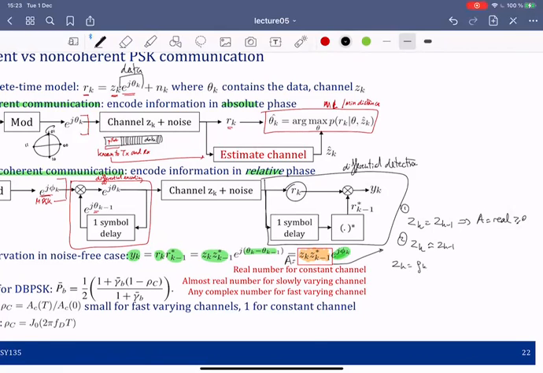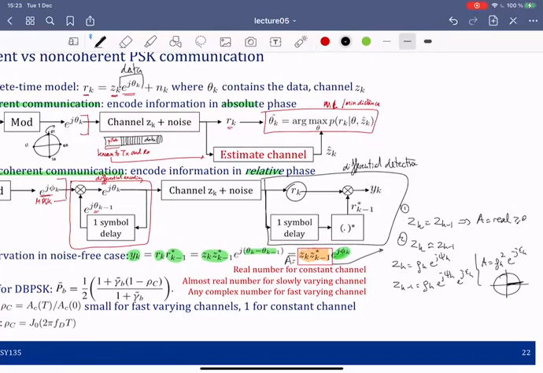In the second case, when z k is approximately z k minus 1, so let's say that z k is rho k e to the power j psi k, and z k minus 1 is the same rho k e to the power j psi k e to the power j epsilon k, where epsilon is a very small phase. Then A will be rho k squared e to the power minus j epsilon k. So if I were to draw this on the unit circle, it will be some value here.